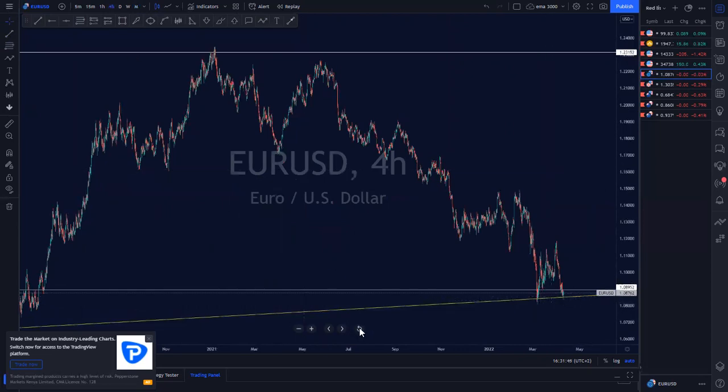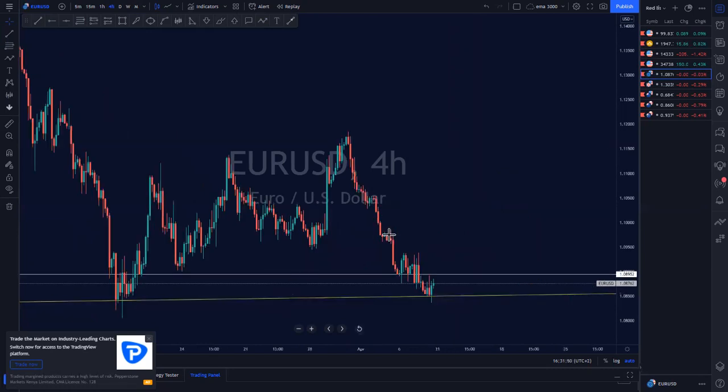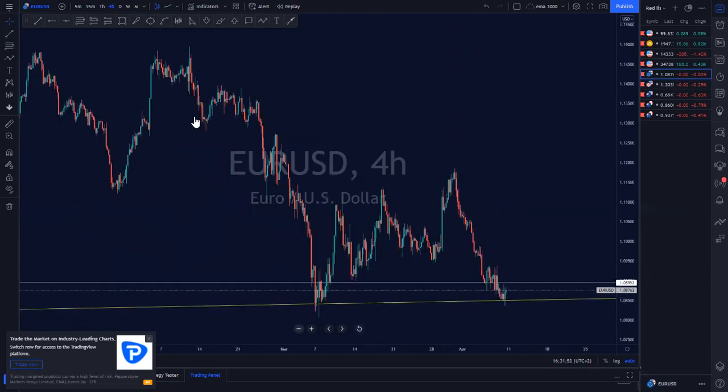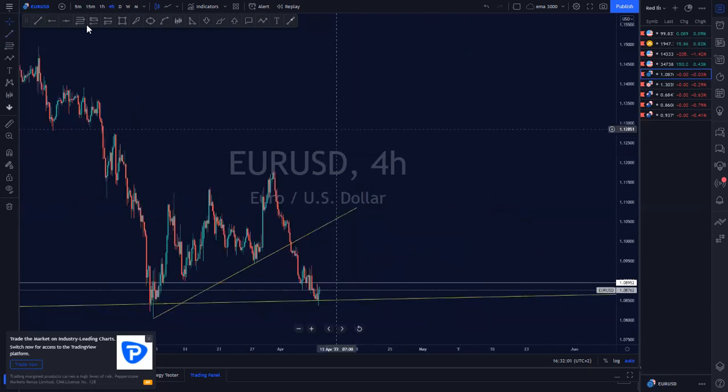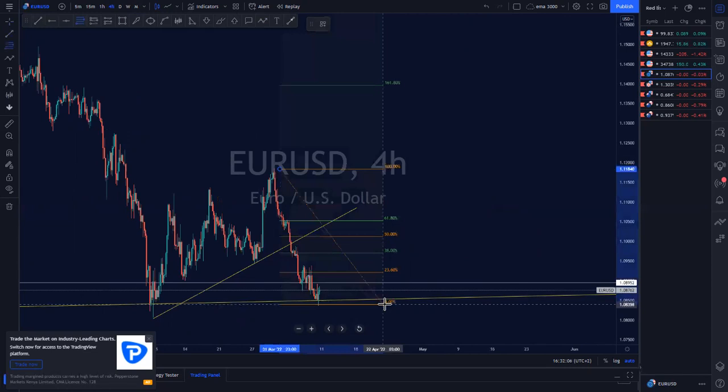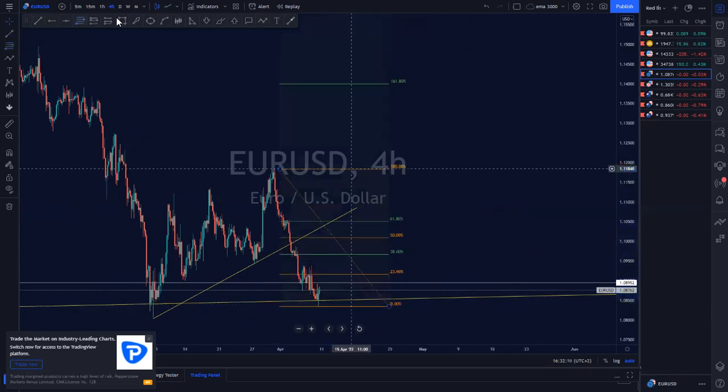So you are on a 4-hourly time frame. Remember, I said I'm expecting the market to go down to that last monthly key level. So if we highlight the market like this, then you can see that you can plot Fibonacci here, and you can highlight the zone here.